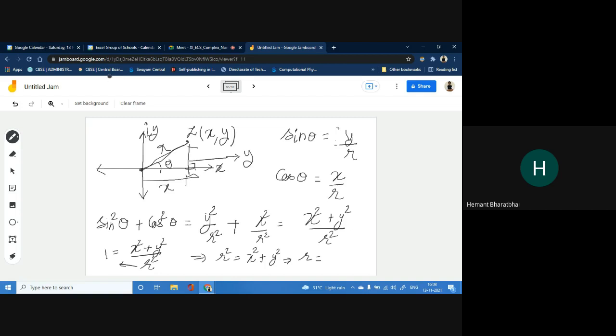So this r square gets multiplied with 1, so that is going to give me r square.